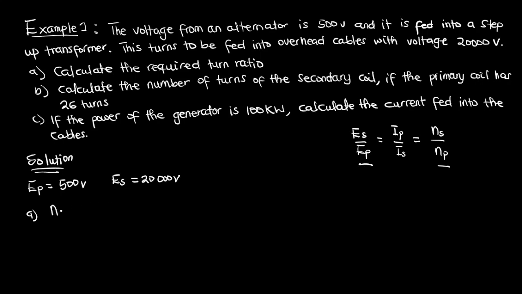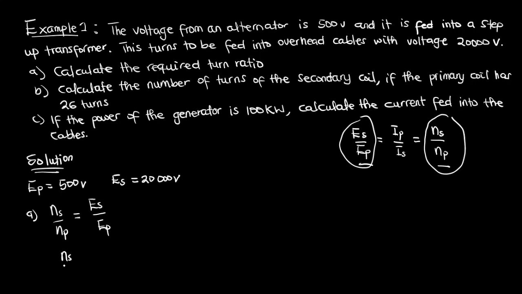So our turn ratio, Ns over Np, will be equal to Es over Ep. I'm just lifting it from here. Ns over Np is what we call the turn ratio, and that is what we are finding.